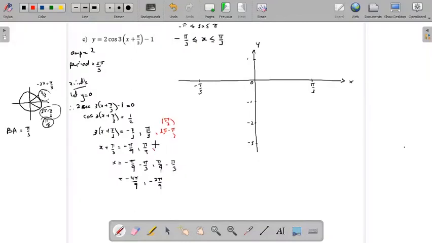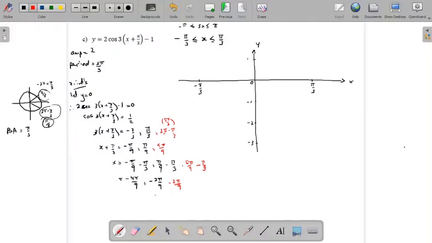Okay, and 5 pi over 3, so what we need to do is go 5 pi over 3 and then divide by 3, so that becomes 5 pi over 9, and then that's 5 pi over 9 minus pi over 3, and so that's going to be 5 pi over 9 minus 3 pi over 9, which is 2 pi over 9, and that makes sense.